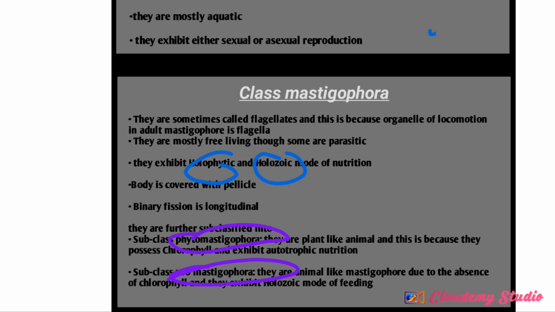So the Phytomastigophora are the ones that behave like plants, and the Zoomastigophora are the ones that behave like animals. And the reason why they behave like plants is because of the presence of something we call chlorophyll. That is why they behave like plants. They have chlorophyll, while this one has no chlorophyll. So I mark absence of chlorophyll. That is why we said they behave like animals.